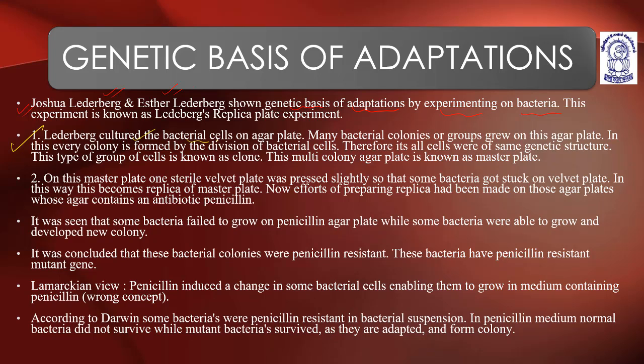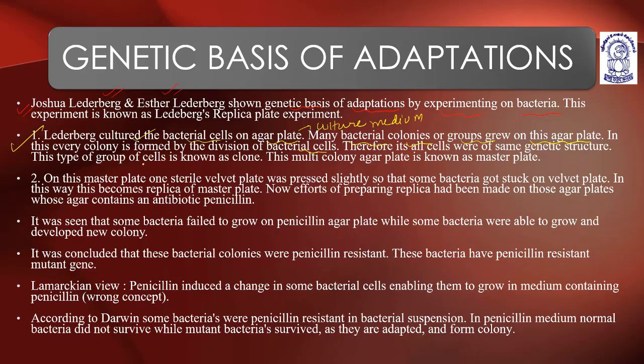They cultured the bacterial cells on the agar plate, which is the culture medium. Many bacterial colonies grew on this agar plate. Every colony is formed by the division of bacterial cells, therefore all cells were of the same genetic structure.